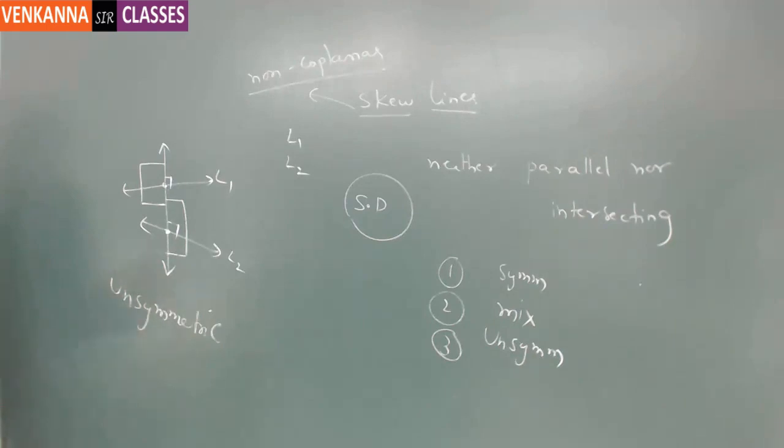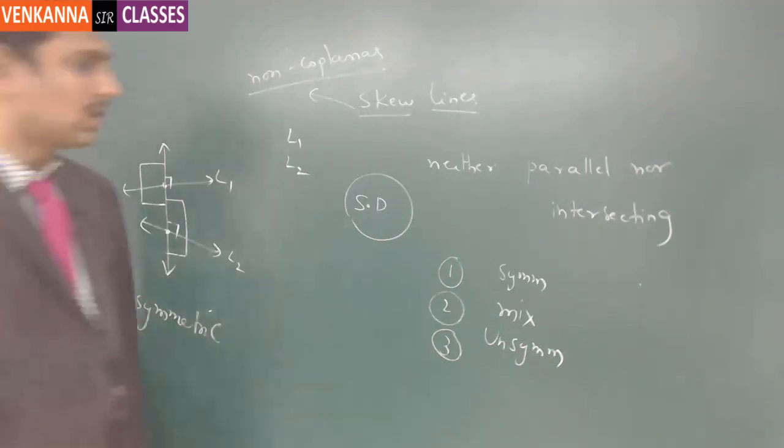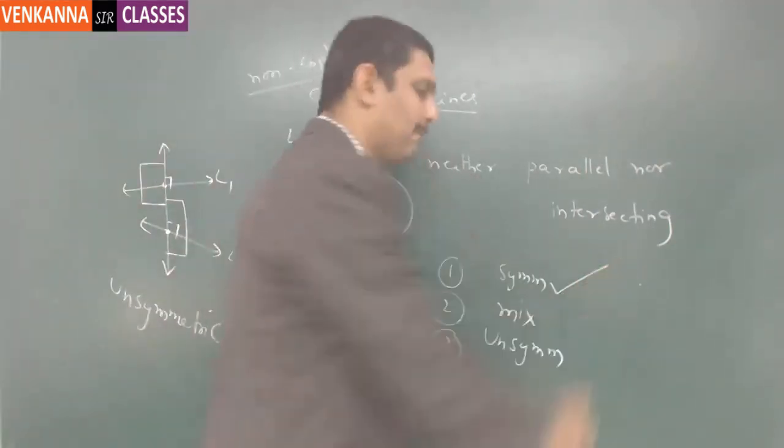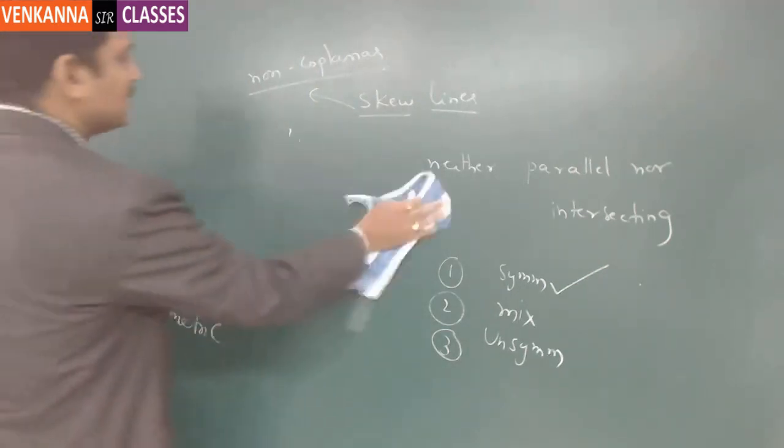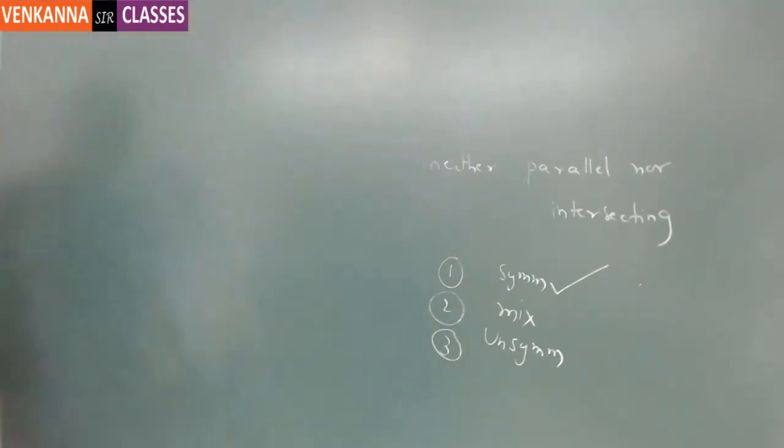And if you want to know the shortest distance between the skew lines, if both are given in symmetric form, there is a shortcut formula. Let us use that.